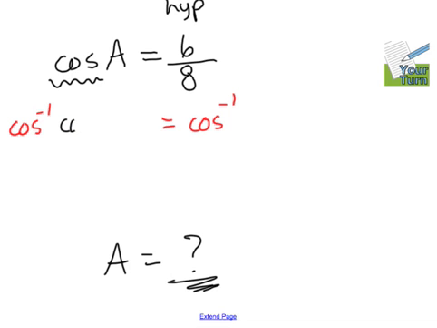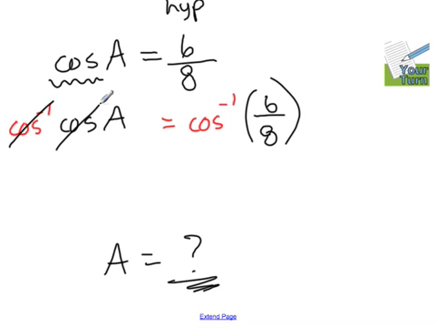On this side I have a cos A, and on this side I have 6/8. So I take the arc cos of this side, and the arc cos of that side. What I do to one side, I do to the other side. But this arc cos and this cos cancel each other out, leaving me on this side with just A is equal to.